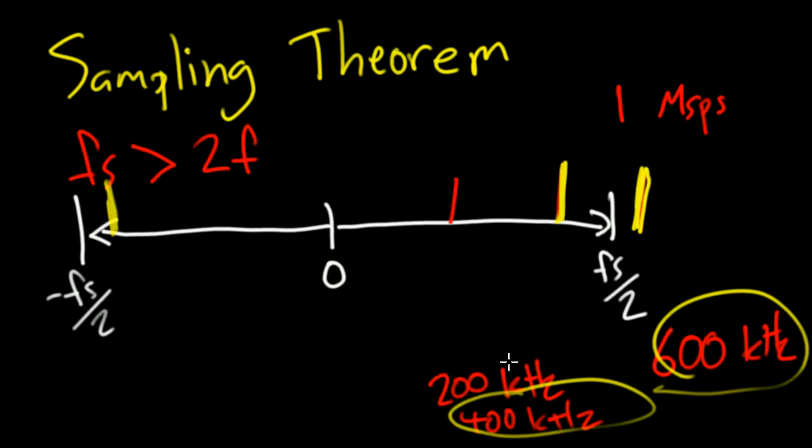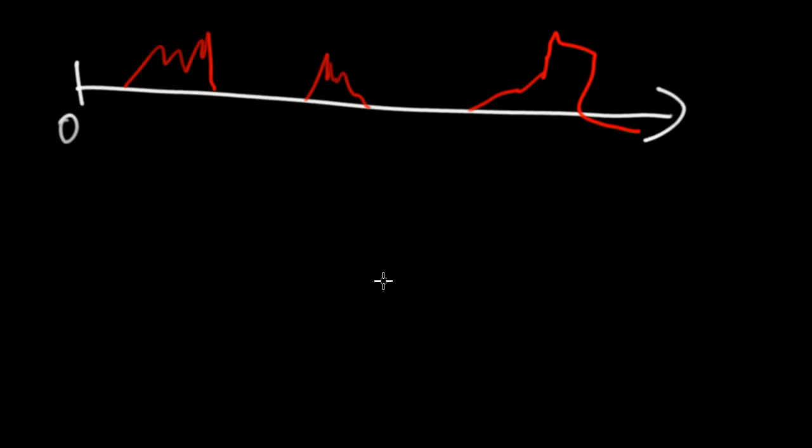And most of the time, this is considered a problem to avoid. So let's say that we have a real world analog frequency domain here that I'm going to plot. It goes infinitely to the right and it starts at 0 hertz. And let's say we have some signal here, and then we have some signal here, and we have some signal here, and we want to sample one of these things. Well, let's say we want to sample this one.